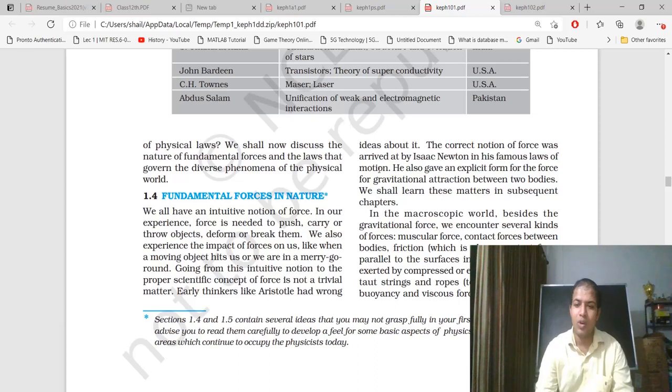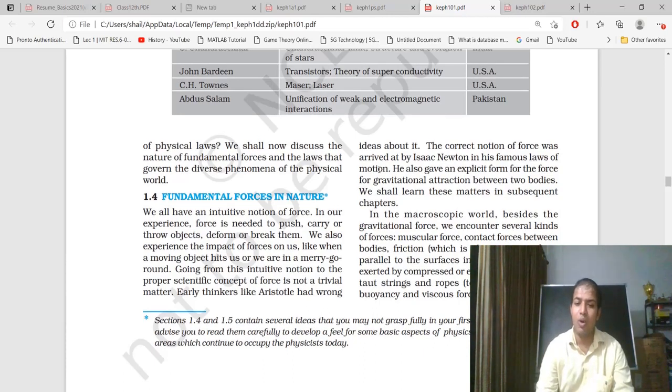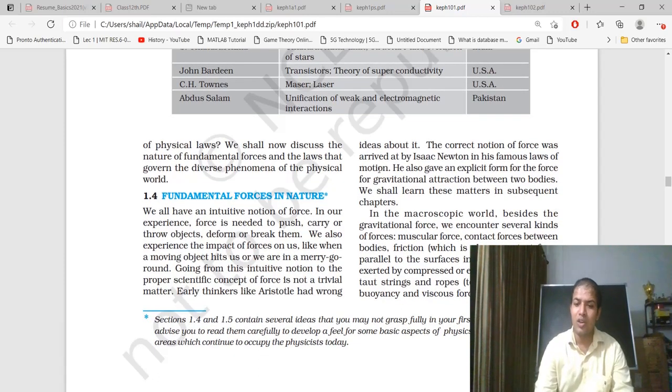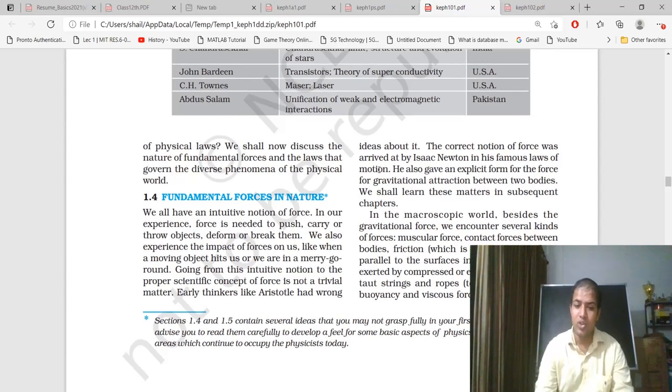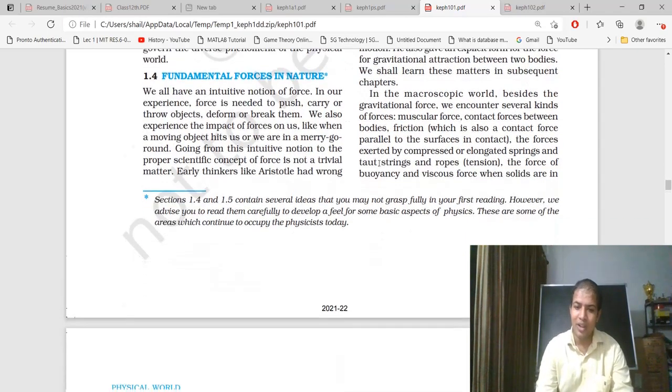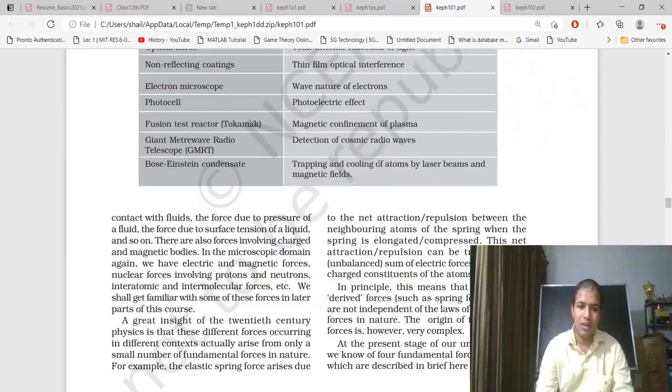In the macroscopic world, besides the gravitational force, we encounter several kinds of forces: muscular force, contact force between bodies, friction, which is also a contact force parallel to the surface in contact, the forces exerted by a compressed or elongated spring and taut strings and ropes (tension), the force of buoyancy and viscous force when solids are in contact with fluids, the force due to pressure of a fluid, the force due to surface tension of a liquid, and so on.